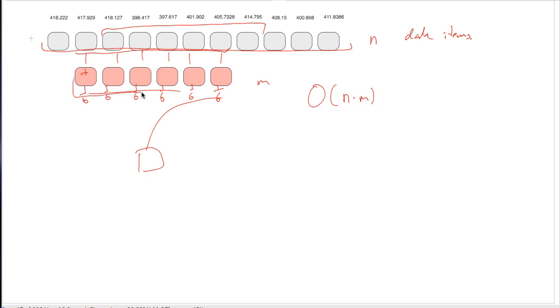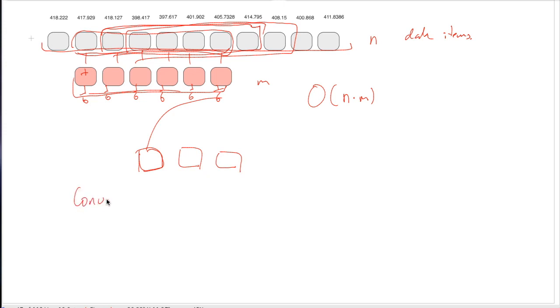I do this set of 6 times this set to get one item, and then I shift over and multiply it by this set right here to get the next item, and then I shift over to get the next item. I'm not going to explain it, but using what's called a convolution, which again is polynomial multiplication, you can do this in order n times log m time.